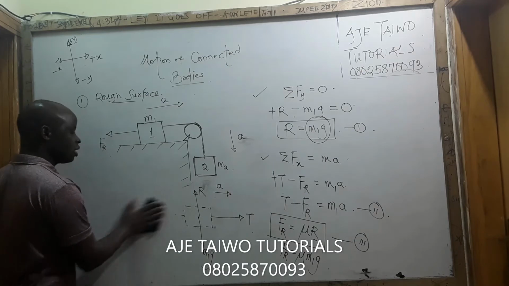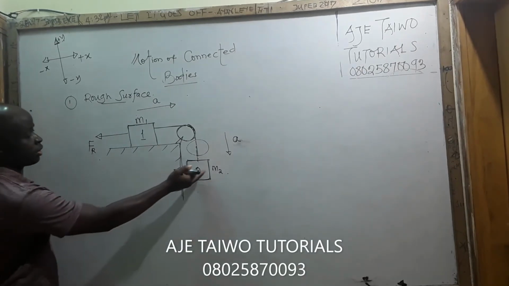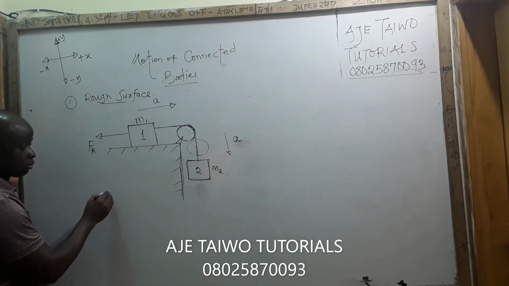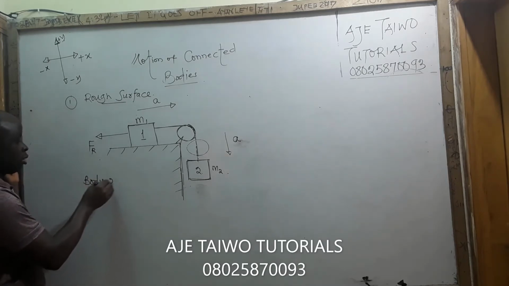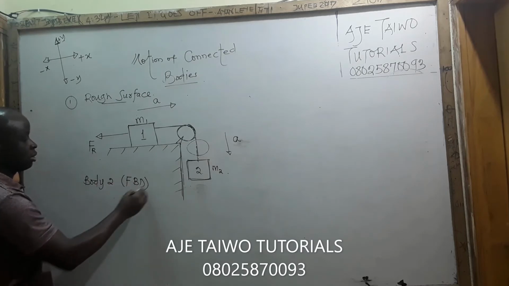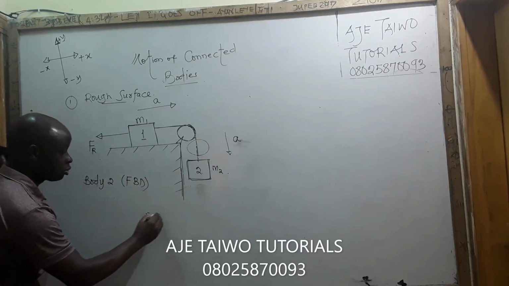So let's see what we will get for body 2. Okay, for body 2, this is the free body diagram of body 2. So you can see your body 2.